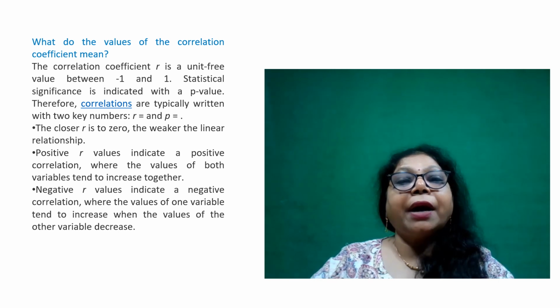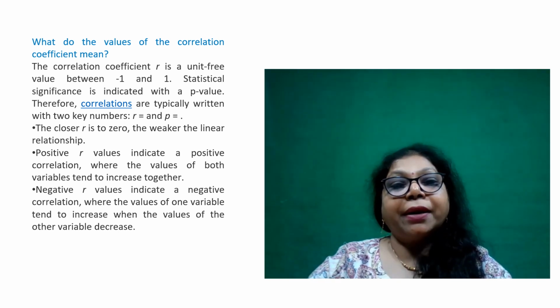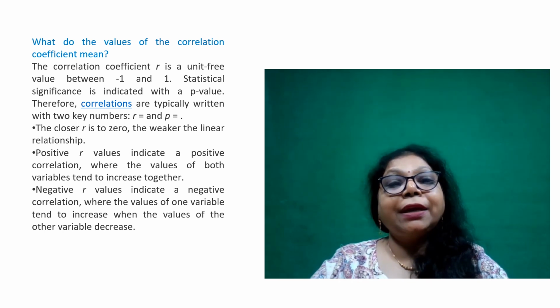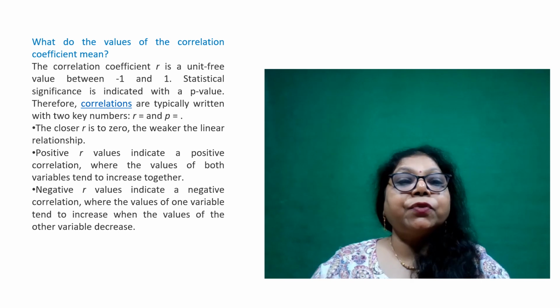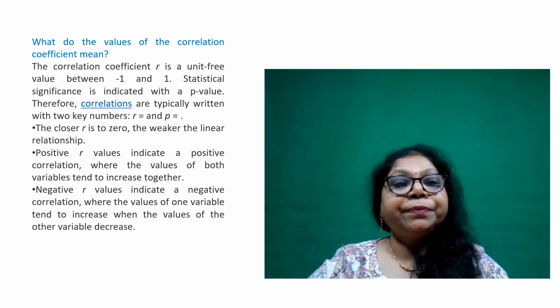Therefore, correlations are typically written with two key numbers, that is R and P. The closer R is to 0, the weaker the relationship. Positive R values indicate positive correlation, where the values of both variables tend to increase together. Negative R values indicate a negative correlation, where the values of one variable tend to decrease as the values of the other variable increase.